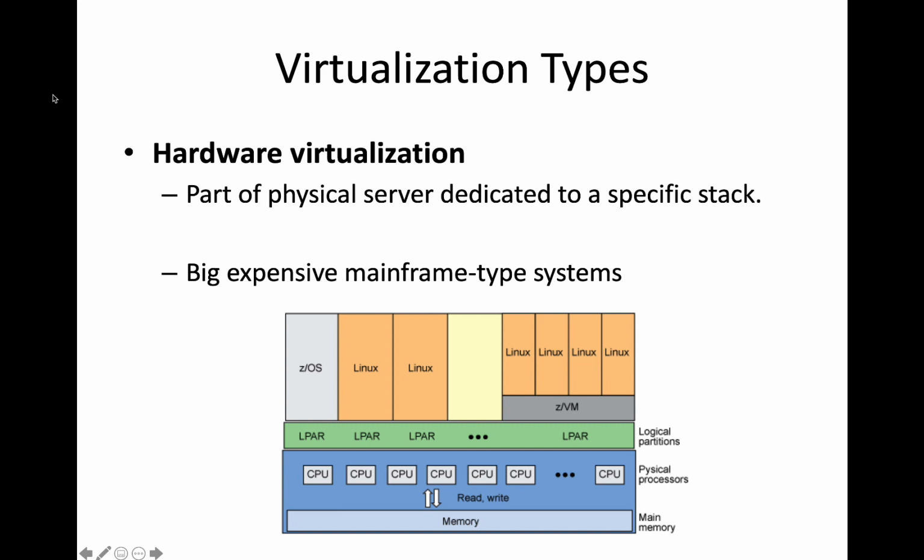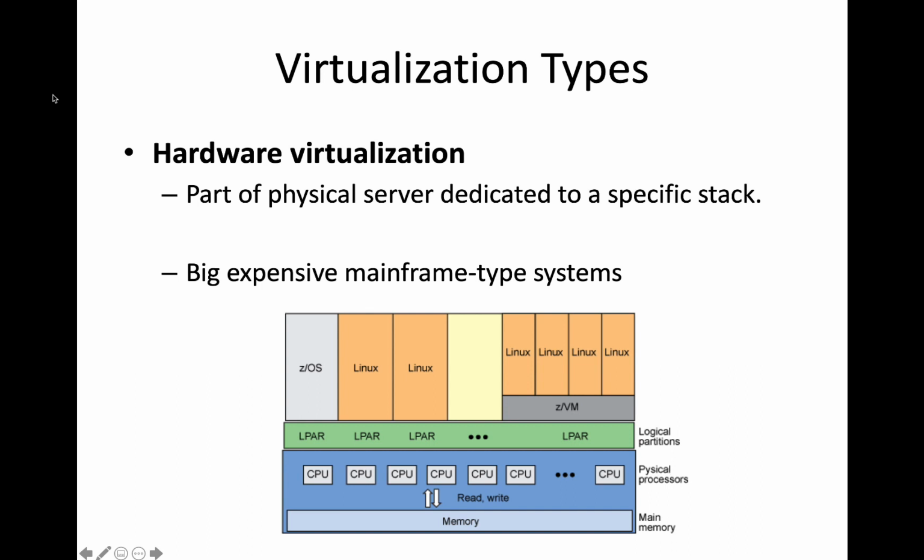There are a couple different types of virtualization that you need to be aware of. The first is what we call hardware virtualization. With hardware virtualization, you can think of this as being sort of a way of partitioning a physical server into smaller physical servers, each of which is a sort of its own independent hardware server.